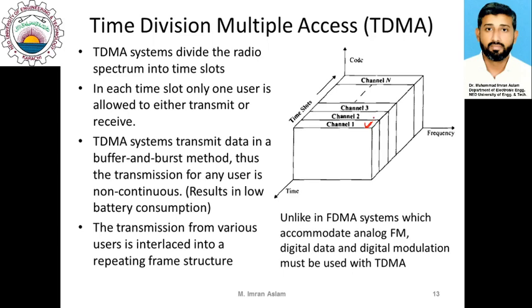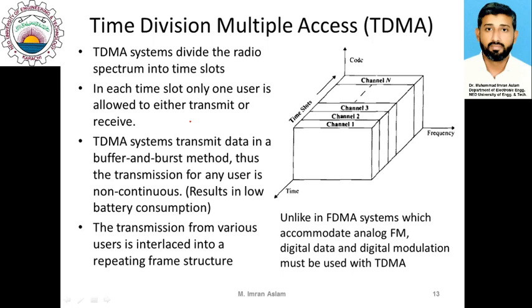So the first time slot represents the first channel, the second time slot represents the second channel, the third time slot represents the third channel, and so on. So in each time slot only one user is allowed to either transmit or receive data.